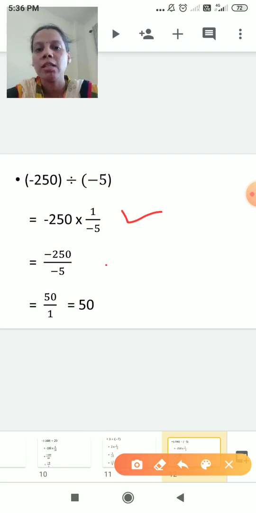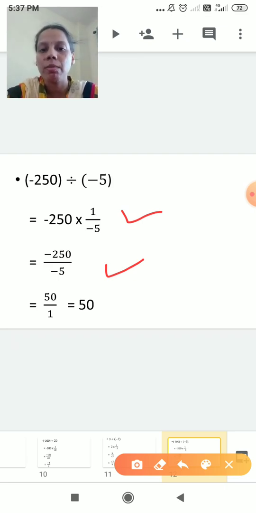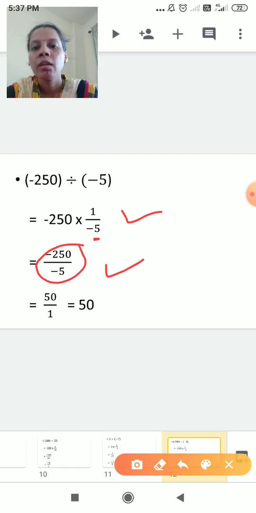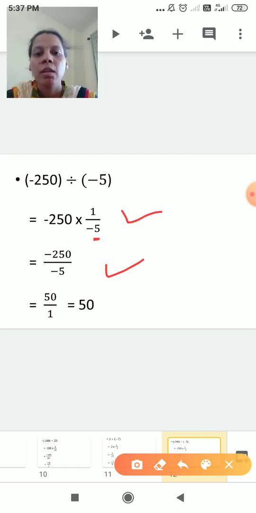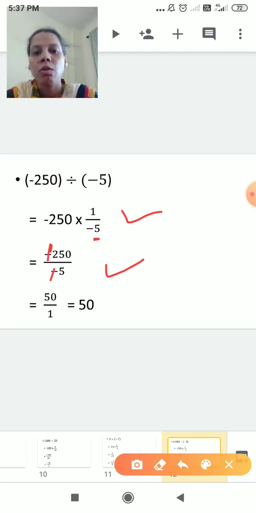Now in the second step, -250 multiplied by 1 is -250, and in the denominator, -5 as it is. So the second step is -250 divided by -5. Yes. Now this minus and minus will get cancelled. So 250 divided by 5.